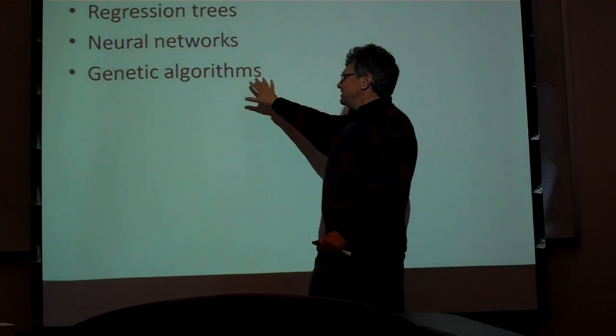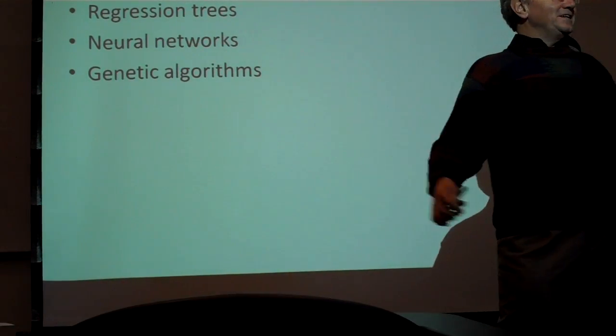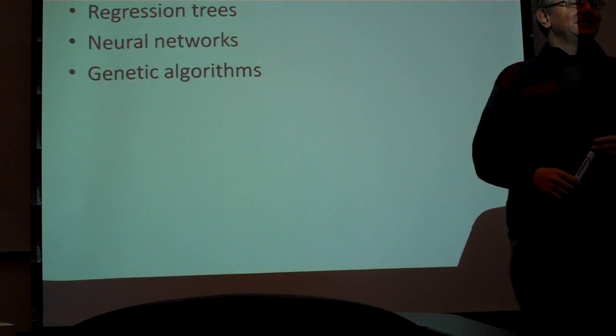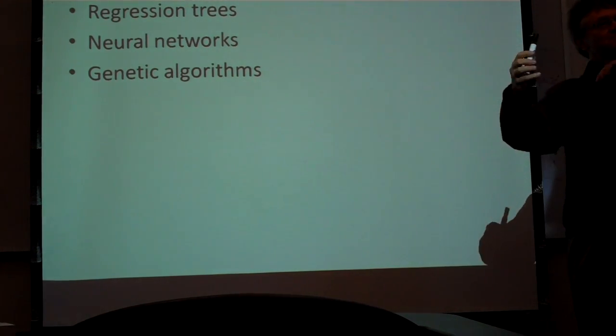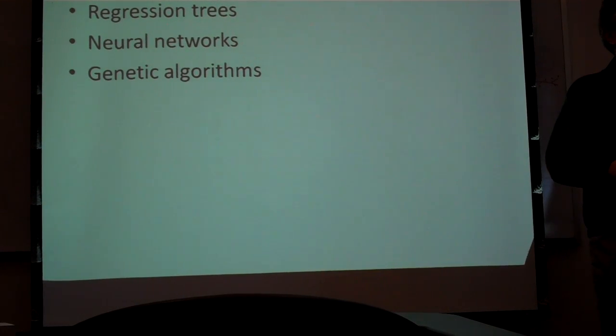Genetic algorithms, you have a rule that can be represented as a long string of genes, and then you start mutating that sequence, keep mutations that improve the accuracy.